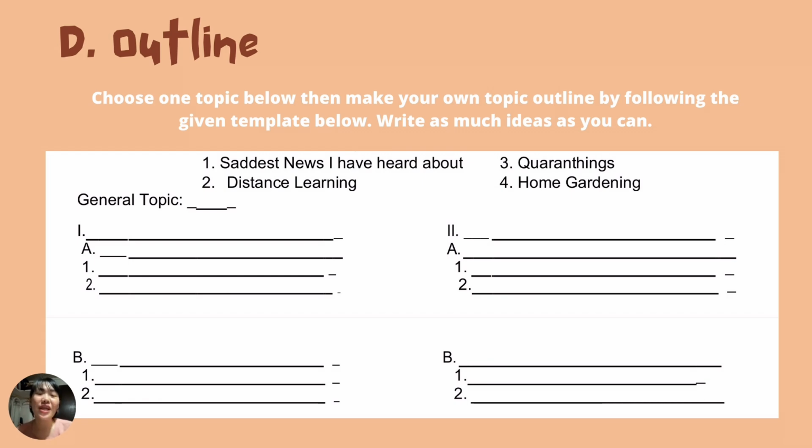You already have the given topics here, so you are just going to choose which one you want to write about. We have 1, saddest news I have heard about, 2, distance learning, 3, quarantines, and 4, home gardening. So you are just going to follow the template. It is already here. Write your answers on a yellow sheet of paper.